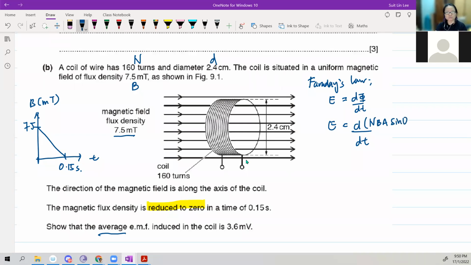I mean, if you want, you can put sine theta, but theta is 90 degrees. Okay. So whatever is constant, I throw outside. Number of turns is constant, 160. Area is constant. Magnetic flux density is not constant. B is changing, magnetic flux density is reduced to 0. So I leave B inside the differential, but I can take out the area and sine 90. Then this one is dB/dt.